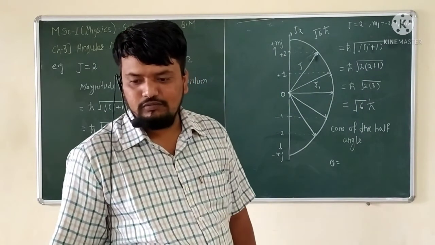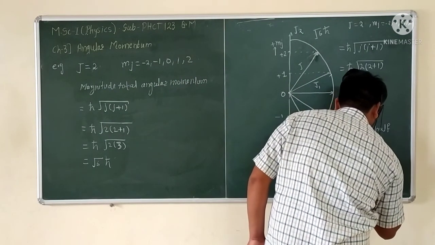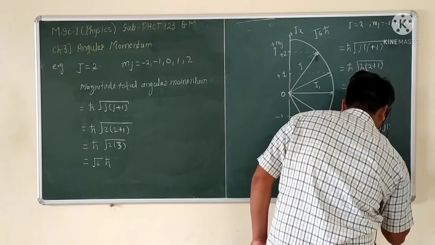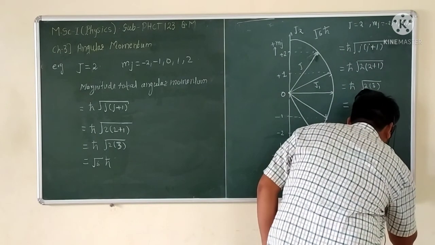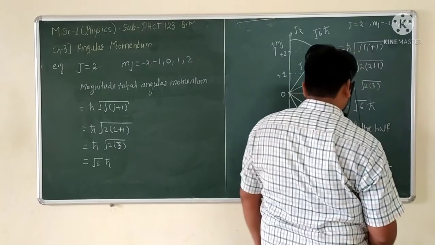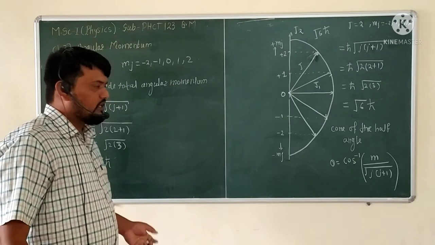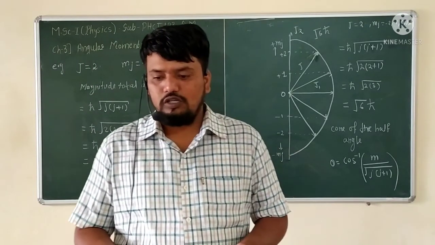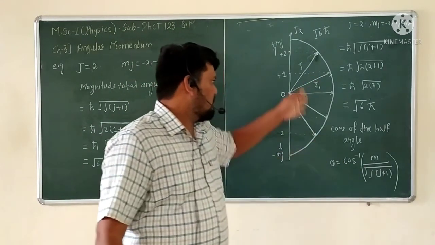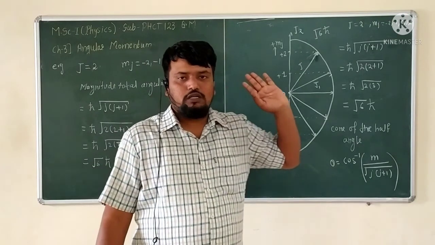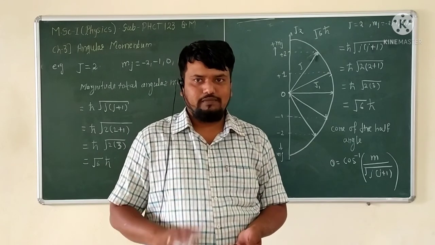And this theta is nothing but cos inverse of m upon under root of j into j plus 1, okay. So this is the value of the cone of the half angle, and this is the representation of the total angular momenta. This is like the projection axis of the angular momentum, and in the next lecture we want to see the Pauli spin matrices, okay.